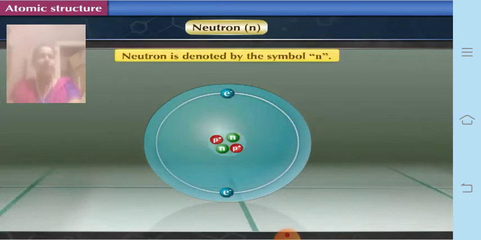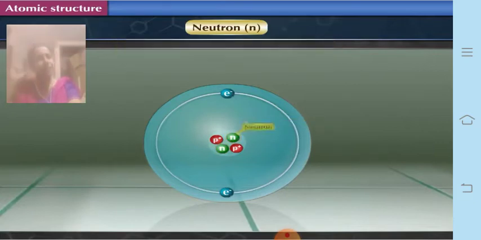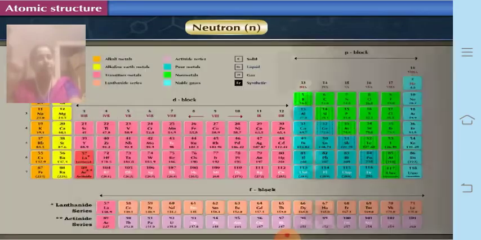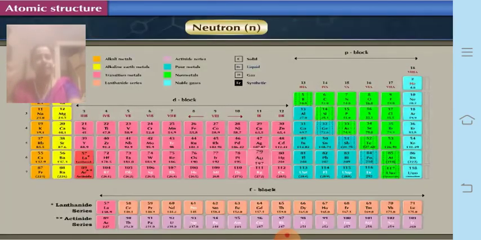The number of neutrons is almost equal to the number of protons, and the number of neutrons inside the atom is denoted by the letter capital N. See here, there are two different types of N. The symbol of neutron is small n, whereas the number of neutrons inside the atom is given by the capital N. Remember this.